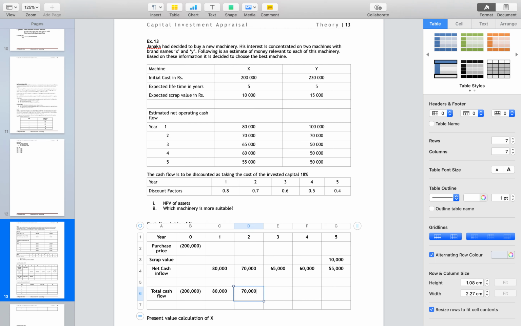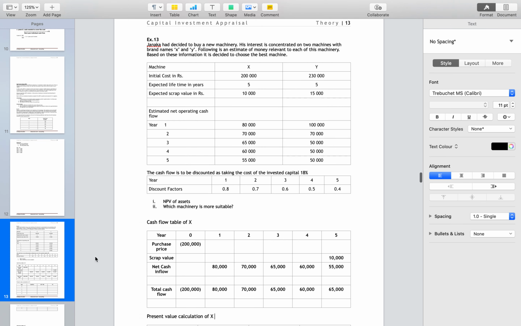Second year 70,000. Third year 65,000. Fourth year 60,000, and final year 65,000. So that's how guys you prepare a cash flow table. Draw up the appropriate format, decide whether money comes in or goes out, and always decide for which year it is relevant. Then your work is easy.